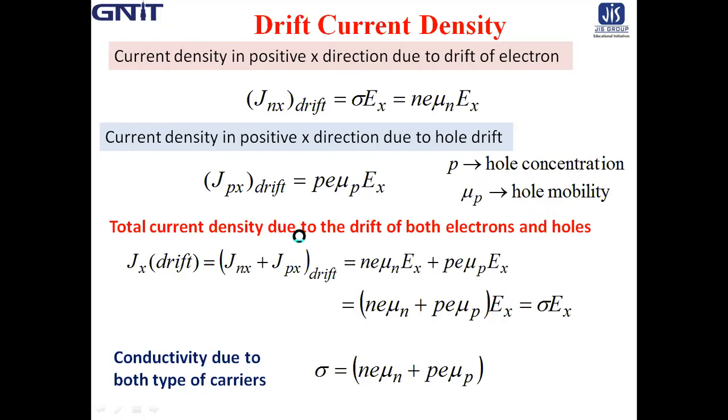Therefore, the total current density due to the drift of both electrons and holes, Jx drift, equal to Jnx plus Jpx drift, equal to N e mu n into Ex plus P e mu p into Ex, which is say (N e mu n plus P e mu p) into Ex, equal to sigma or rho into Ex.